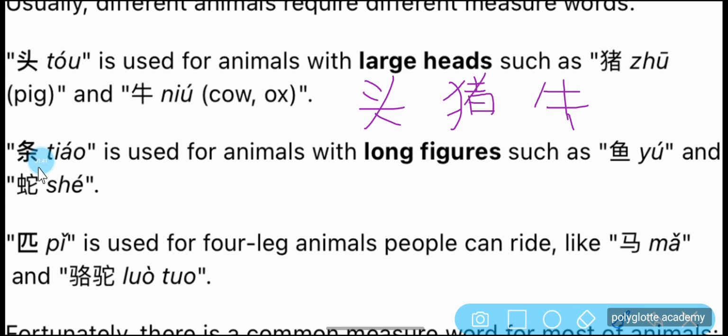So how about tiao? We use tiao for animals with long figures, such as yu, which is fish, and she, which is snake.